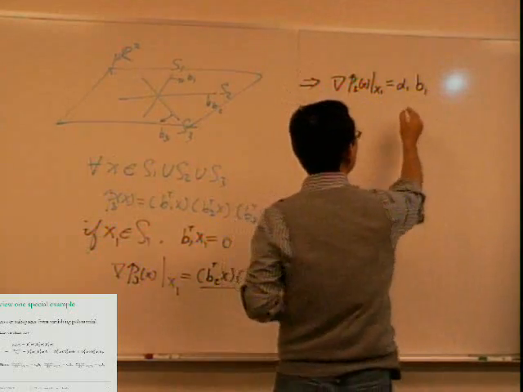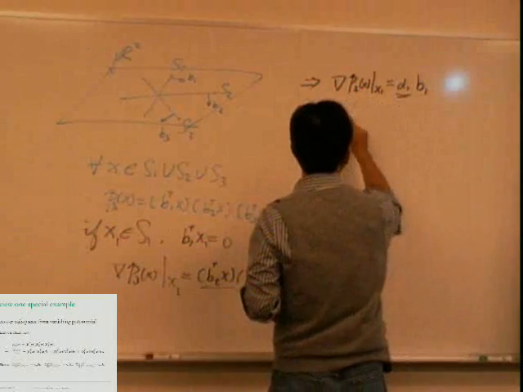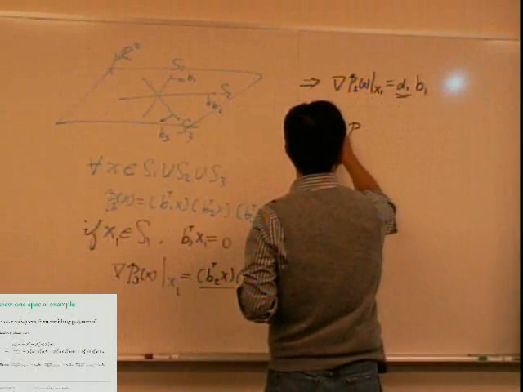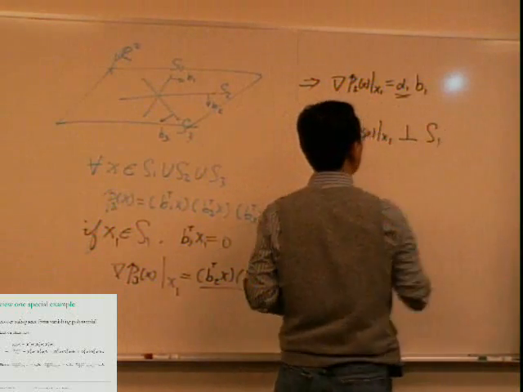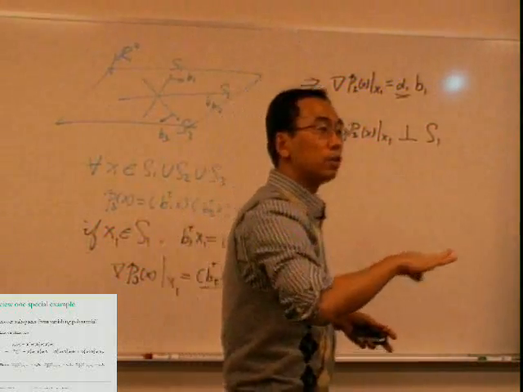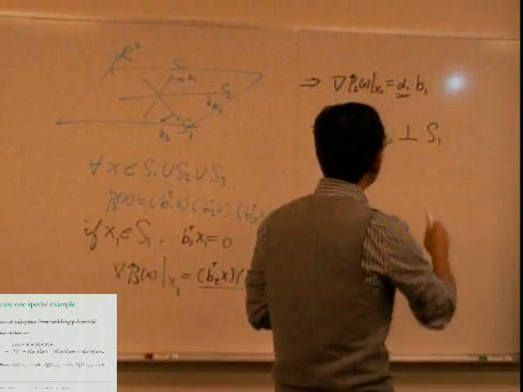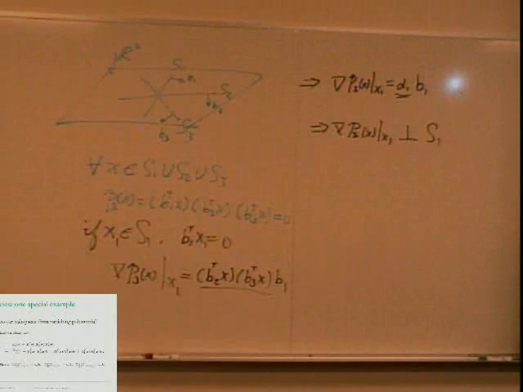I don't care about this scalar as long as it is not 0, because I know that this means it's perpendicular to S1. I can use this relationship to find all the samples in the mixture that belong to S1, right? Any point that is orthogonal to that normal vector I can find.